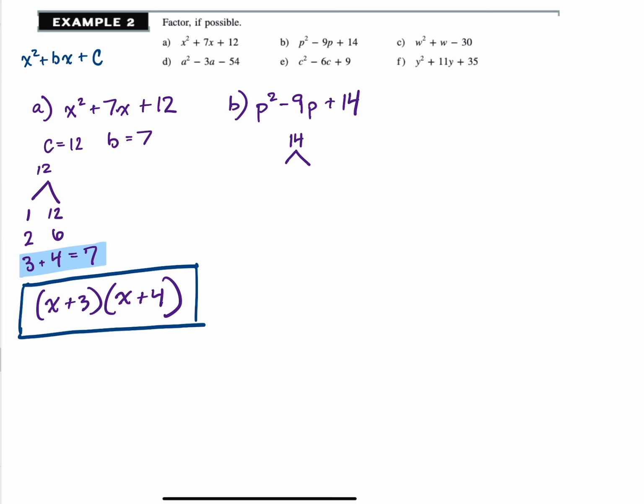So that means these should both be negative. So I could start with negative 1, negative 14, that'll give us negative 15. Negative 2 and negative 7. Combining those together, we get negative 9. So those are the two numbers we want.